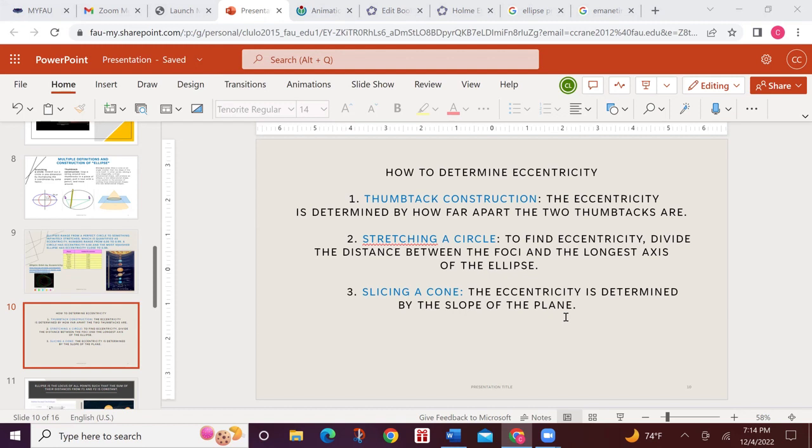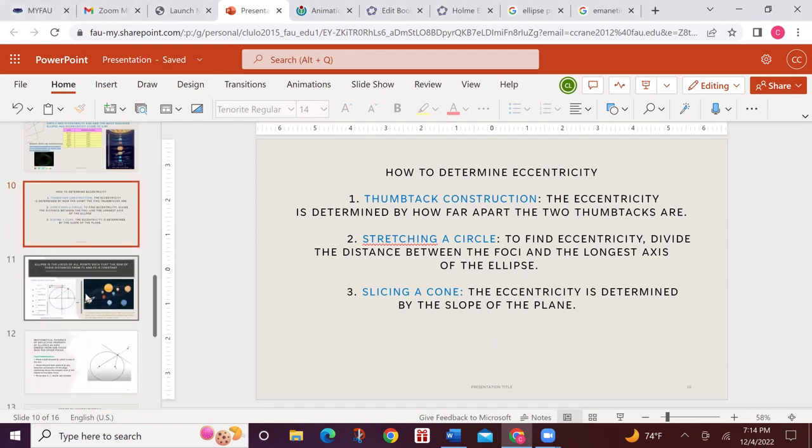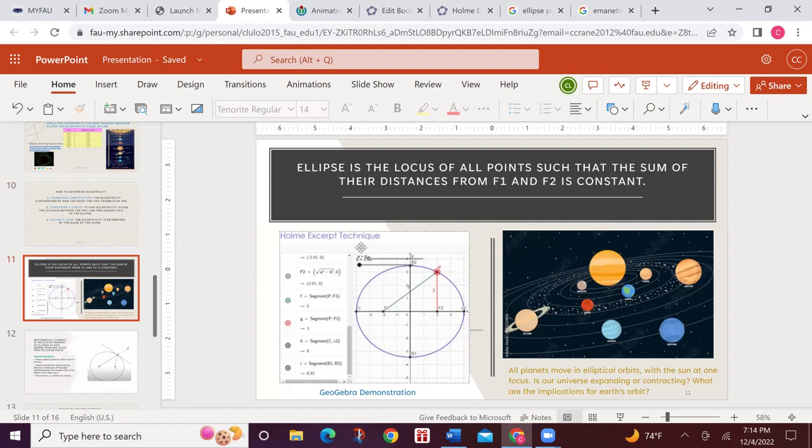If we're slicing a cone, the eccentricity can be determined by the slope of the plane. Now, let's look at some of the examples in GeoGebra. Let's demonstrate that.